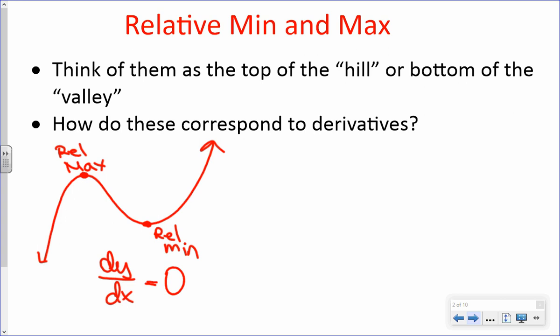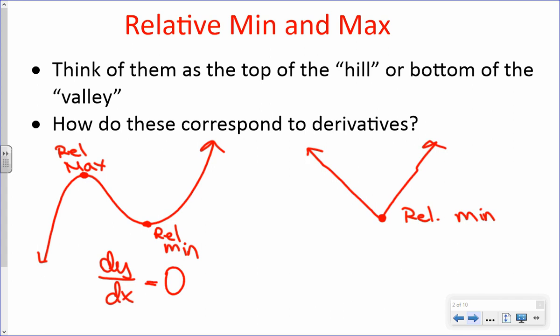Is there any other kind of graph that would have a relative minimum or maximum where the derivative does not equal 0? This would be considered, technically, an absolute minimum, but for right now we'll just call it relative minimum.